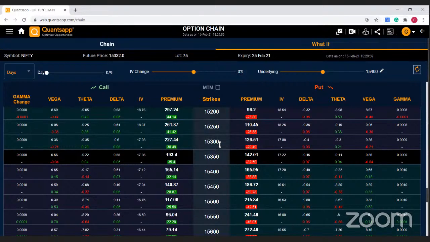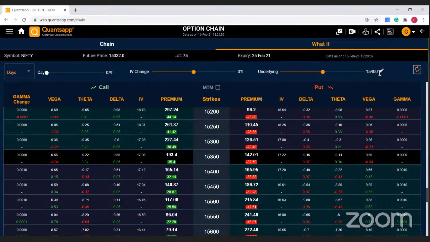If you are buying a put option and the underlying prices are going down, then you will benefit. But have you ever tried looking at how many points of change in the underlying is going to affect the option premium? This is what we're going to analyze here with the help of option chain what if.